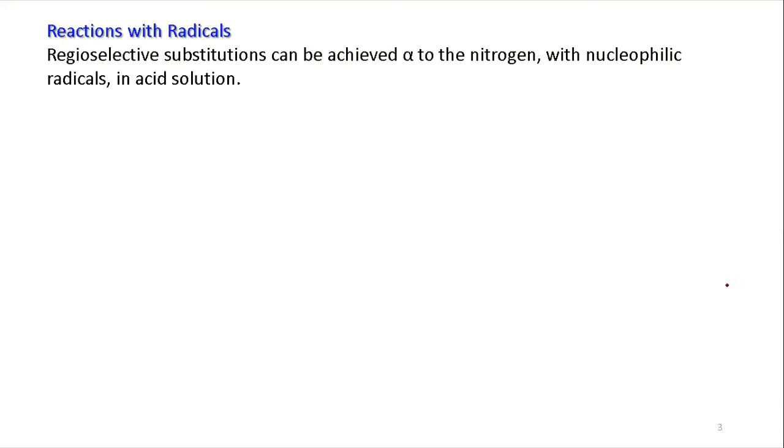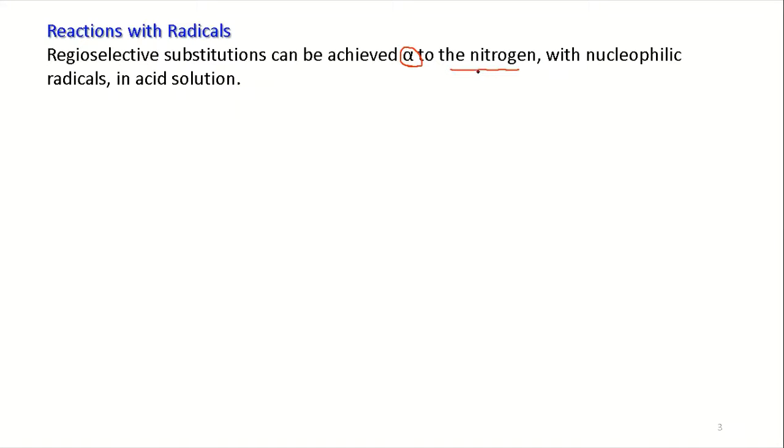In the radical reactions here, regioselective substitution can be achieved at the alpha position to the nitrogen. Remember you have the alpha position with respect to nitrogen. That place is the most suitable place, irrespective of whether it is quinoline or isoquinoline. Particularly for isoquinoline, I will say the alpha and benzylic position.